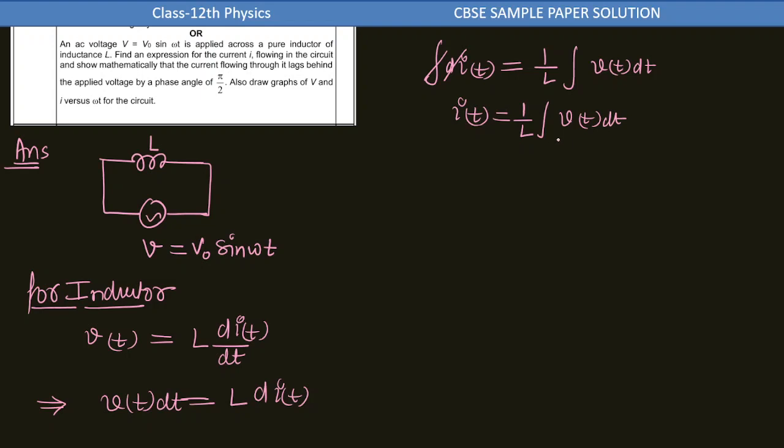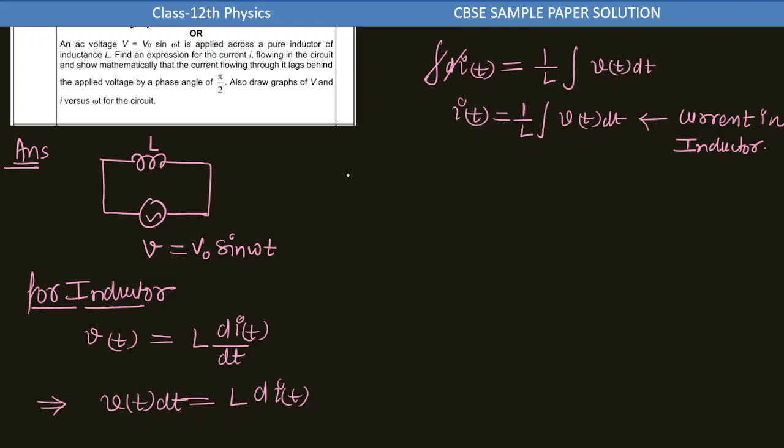Is this clear or not? Okay, so that is the current in inductor. If you want to find the current in capacitor, it is in the form of differentiation, but in inductor it is in the form of integration of potential.